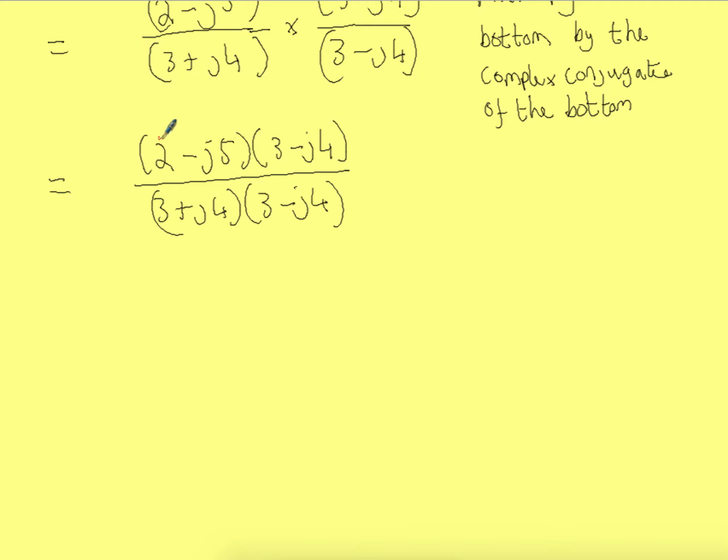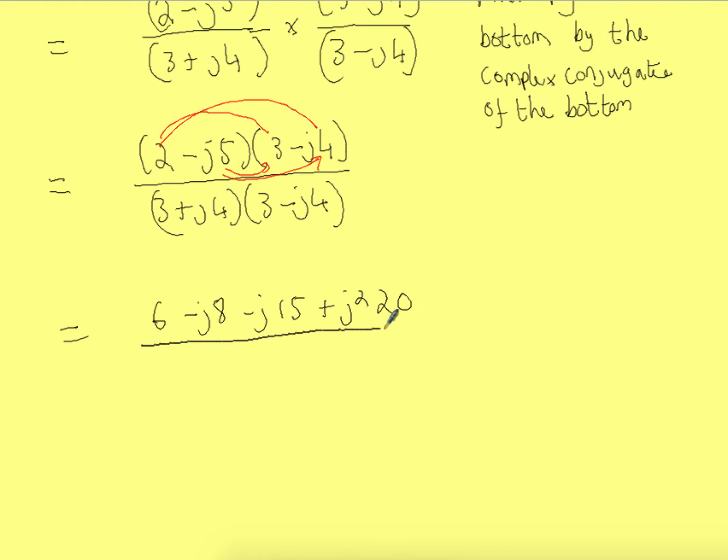So we're going to do 2 multiplied by 3, 2 multiplied by j4, that multiplied by that, and that multiplied by that to expand my brackets, right? So that's going to give me 6, take away j8, take away j15 plus j squared 20, all over.